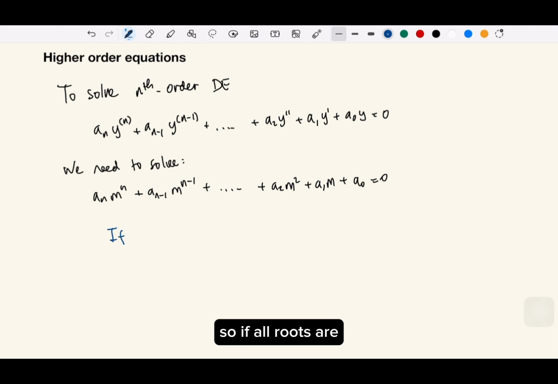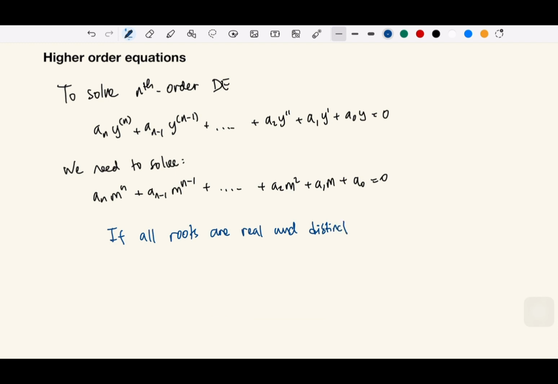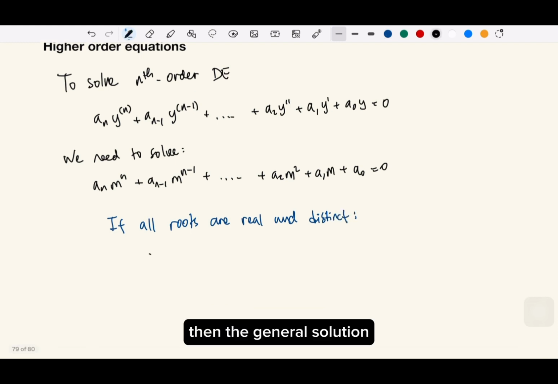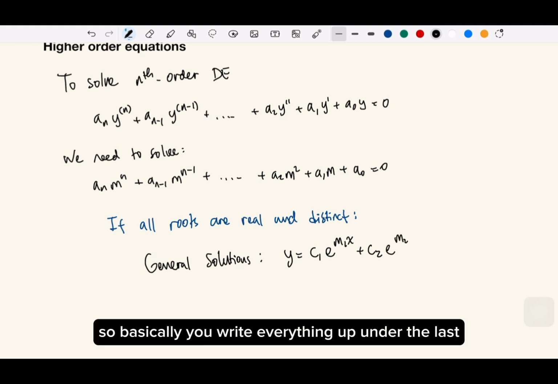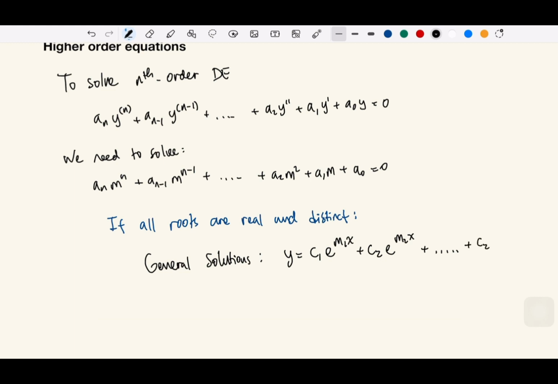So if all roots are real and distinct, then the general solution can be y equals, basically we write everything up until the last root, e to the m n x.